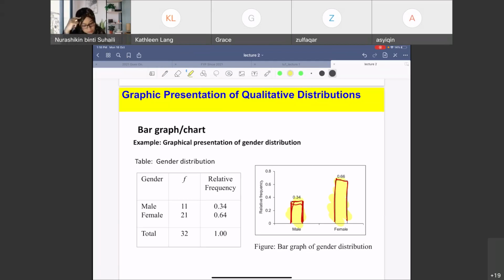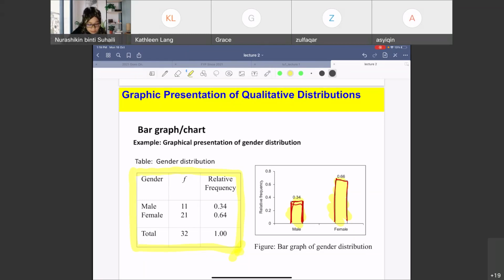For example, let's say we have this table. We can present it in the form of a table, and it's understood: 11 are male, 21 are female. But sometimes we want to know the distribution, how much in percentage, and a table cannot present that well.